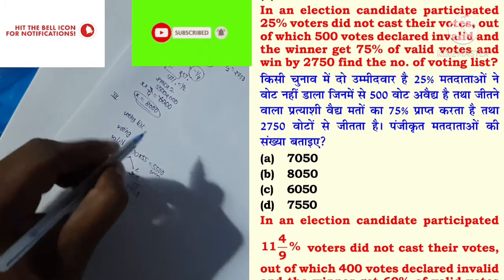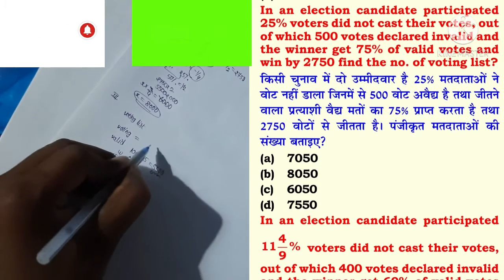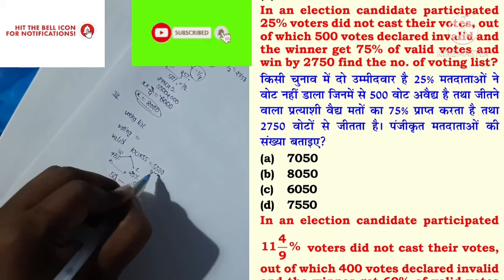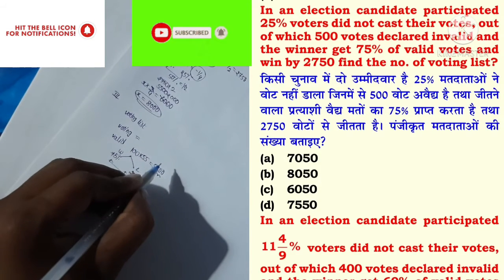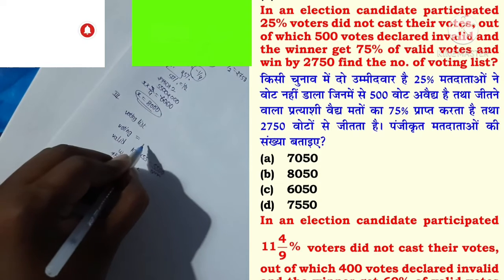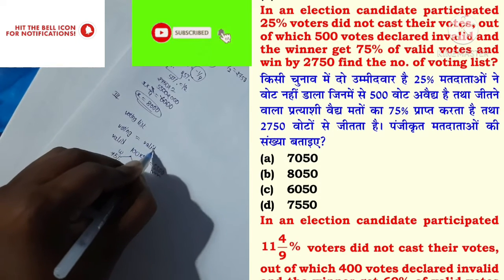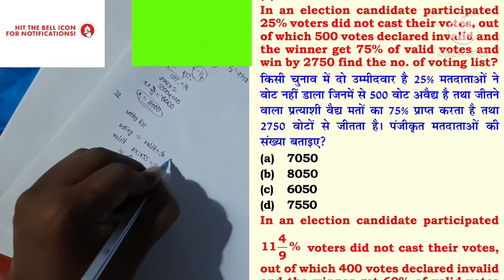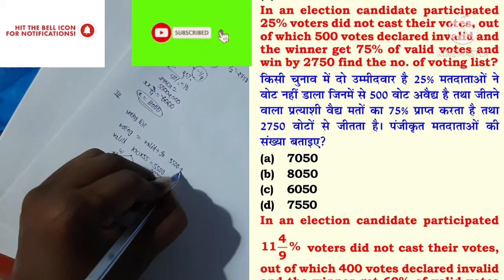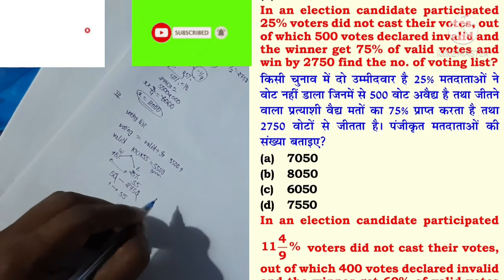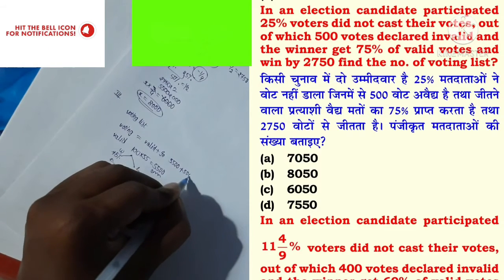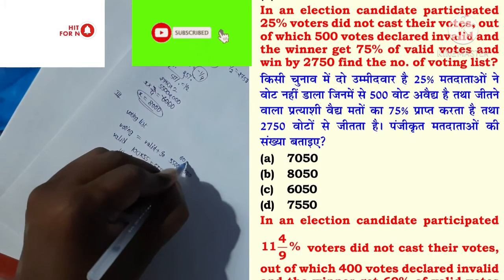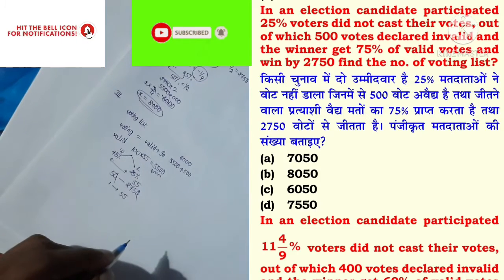So voting is valid plus invalid votes. Valid votes are 5500 plus invalid votes 500, so total is 6000.